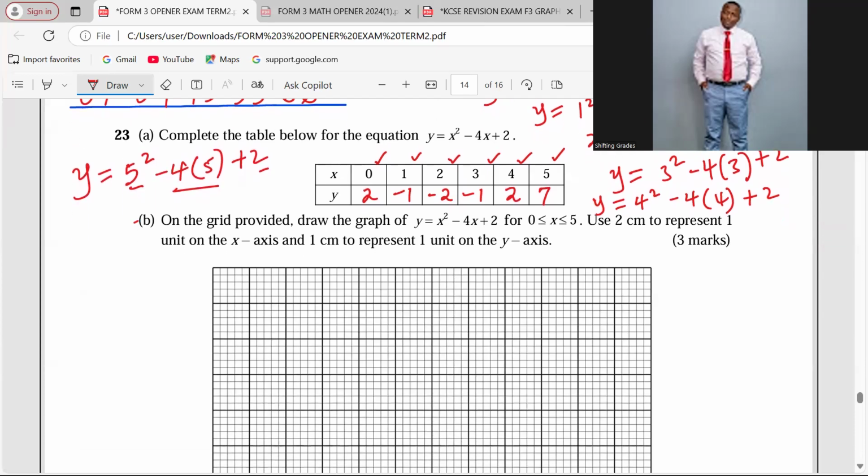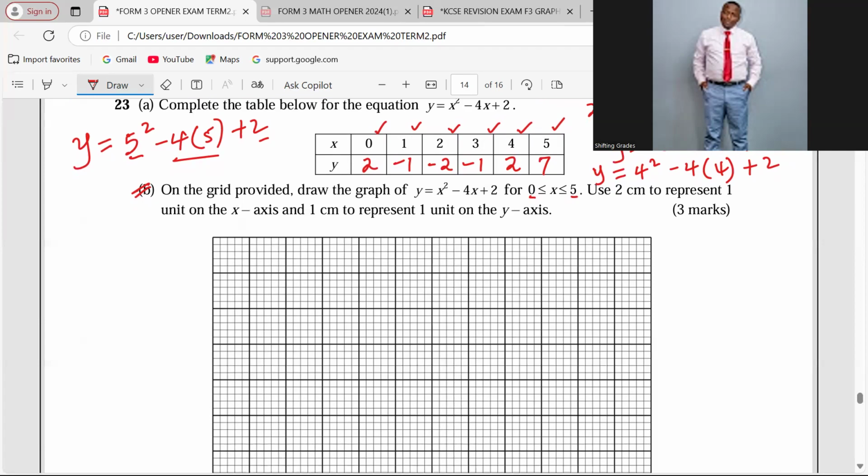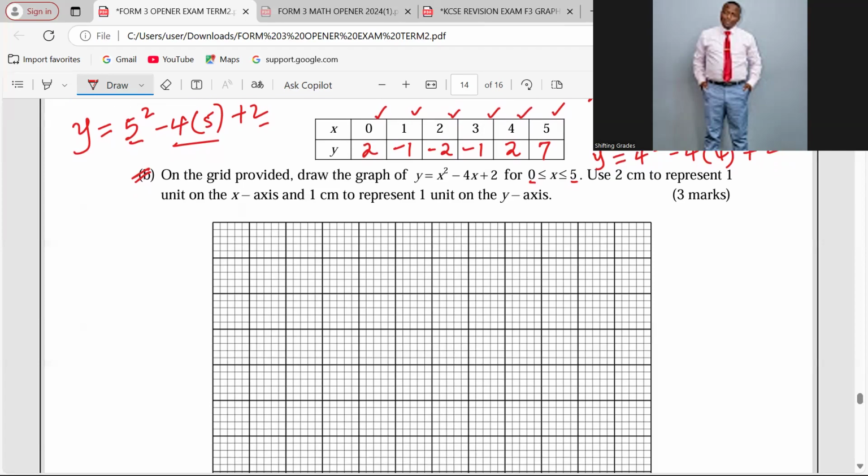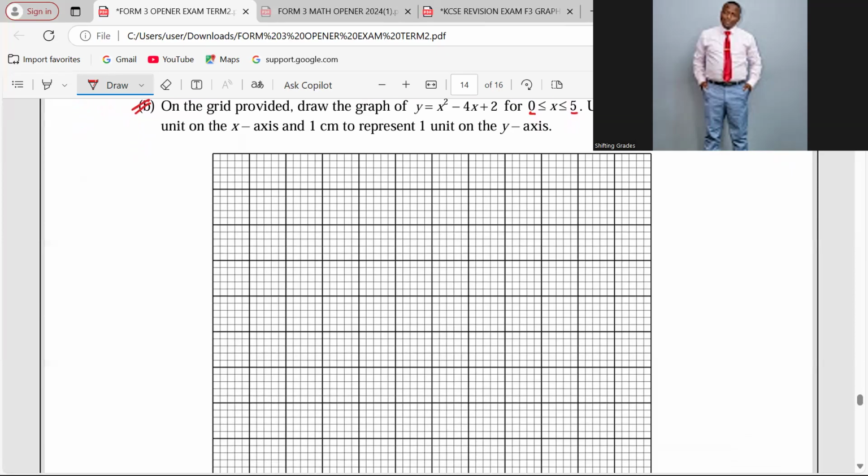Part B. On the grid provided, draw the graph of y equals x squared minus 4x plus 2 for the values of x ranging from 0 all the way to 5. Use 2 centimeters to represent 1 unit on the x-axis and 1 centimeter to represent 1 unit on the y-axis.